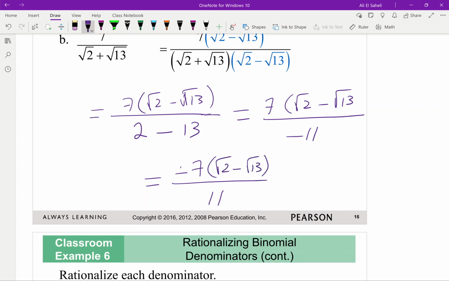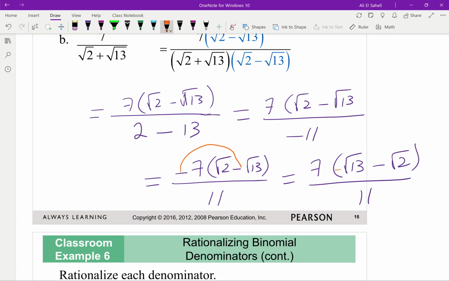Now this minus can go over here, multiply it in, so that what we have is 7 radical 13 minus radical 2. Okay? Minus times minus becomes a plus, and minus times plus becomes minus.